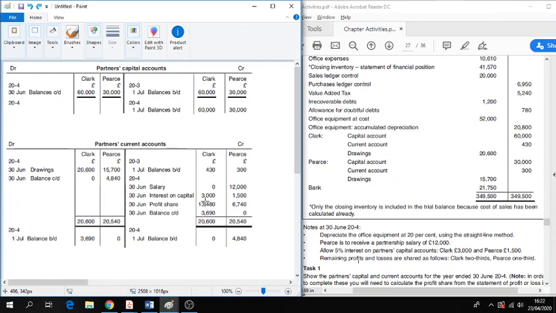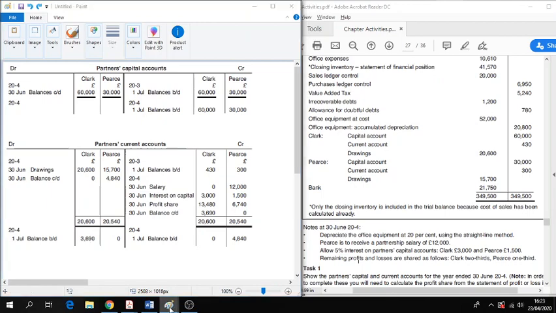What does he decide to do? Decides to take out £20,000 for himself. Of course, he's going to end up with a -3. Okay, if he had about 17 to himself, 17 was his, he decided to take out 20, which leaves him with a -3. Okay, so that is the current account.